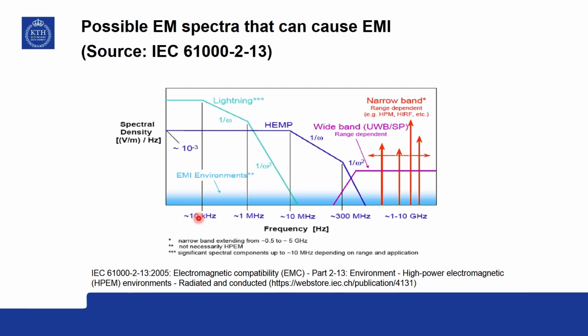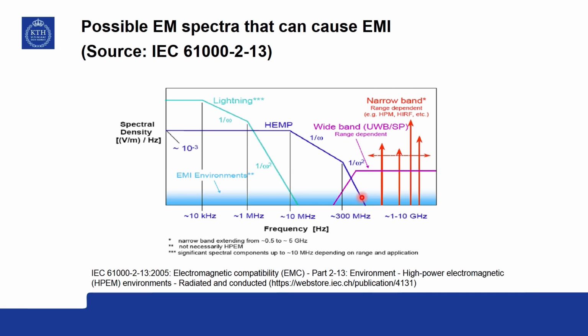So, 10 kilohertz. So, we are in the power line harmonics, 50 hertz harmonics are somewhere here. Then switching transients may be somewhere over here, and lightning, it has got very high energy at low frequencies, then it is over here. High power electromagnetic pulse from nuclear explosions and all, it has got much wider bandwidth up to 300-400 megahertz.